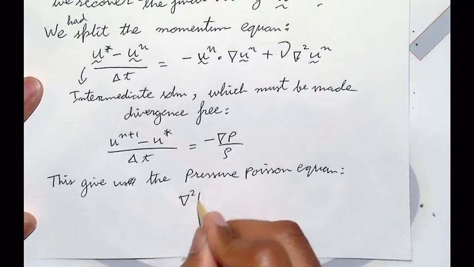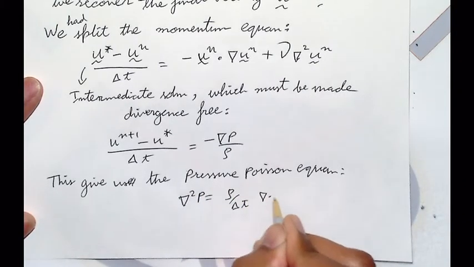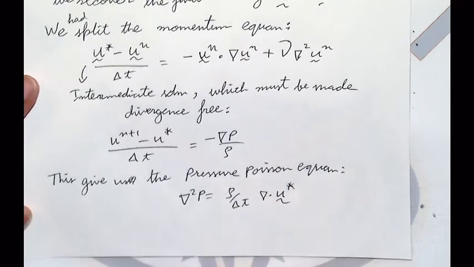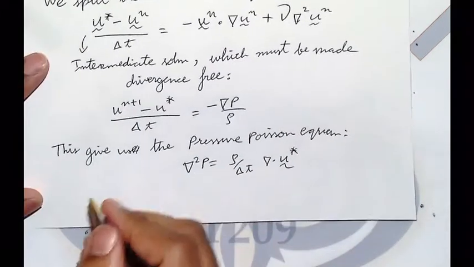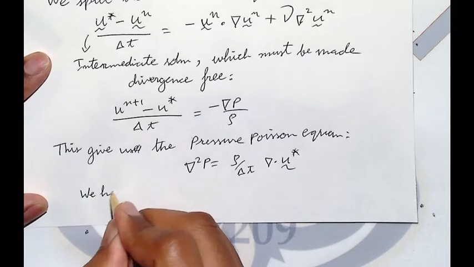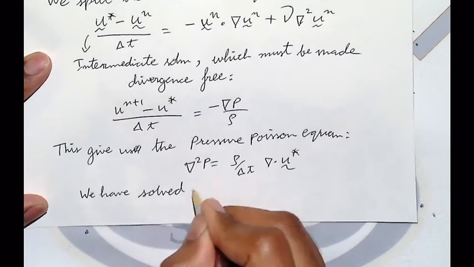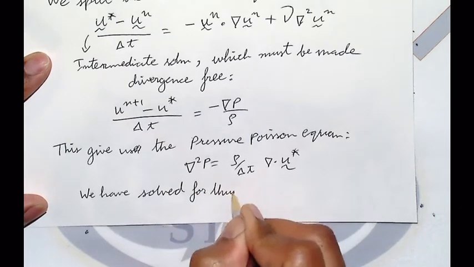So grad squared p equals rho over delta t, div u star. And what we've just done is solved for this unknown p now.